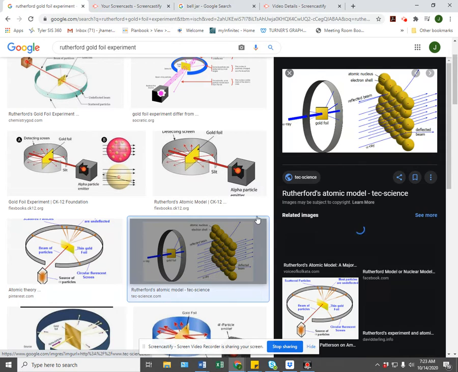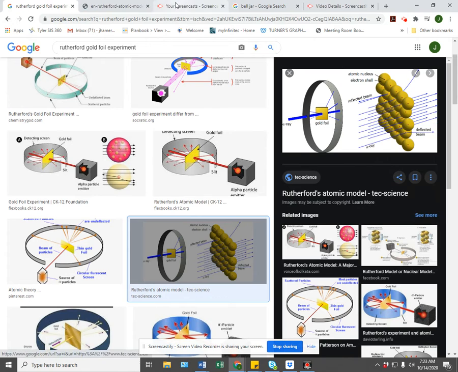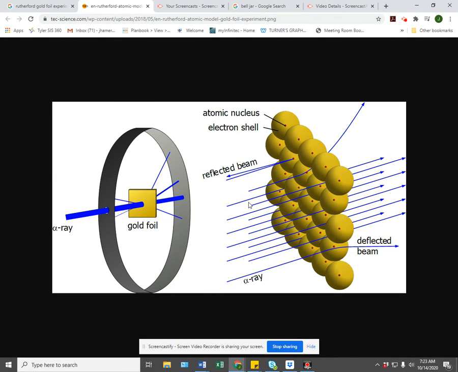And what they ended up finding was this. Let me see if I can get the image bigger. There we go. What they realized is that of the beam going in, some bounced back and some got deflected, which means the beam was hitting something in the gold foil.